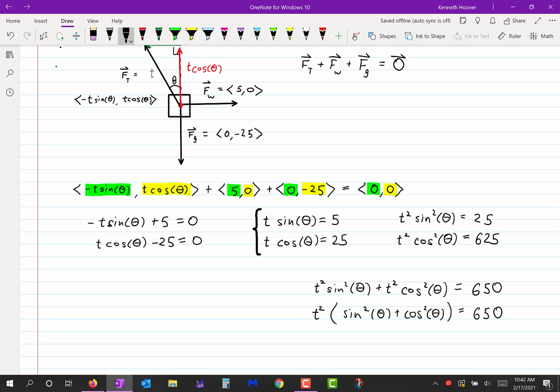That's 1, isn't it? So this is just t squared equals 650, which means that t is the square root of 650, which I'm going to choose to simplify. That's 5 times the square root of 26.